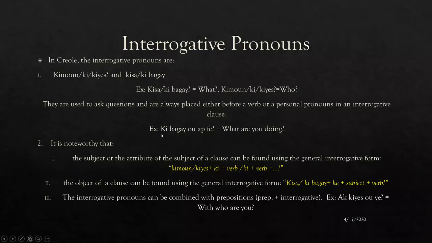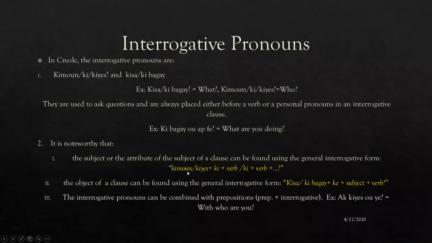Example, kibagay ou fè? What are you doing? It is noteworthy that the subject or the attribute of the subject of a clause can be found using the general interrogative form kimoun slash kiyes, ki plus verb. I wrote it down twice, it's not a mistake.